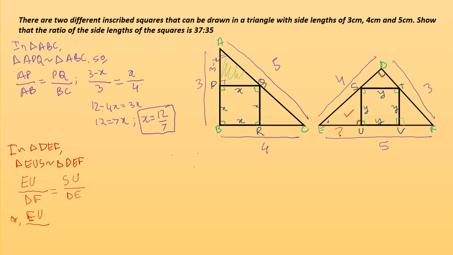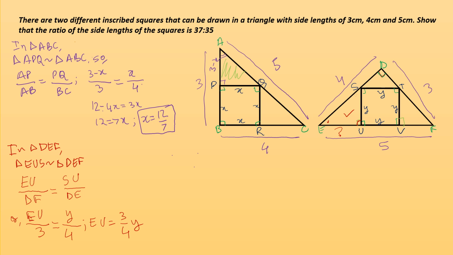But DF, I know is 3, and that equals SU, which I know is Y, out of DE, which I know is 4. So what this gives me is EU equals 3 out of 4Y.